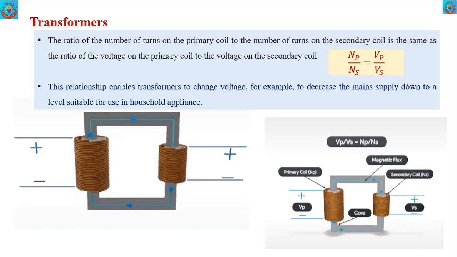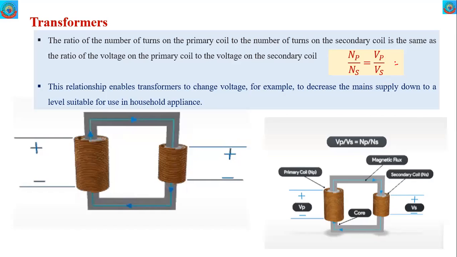So what is the transformer equation? The ratio of the number of turns on the primary coil to the number of turns in the secondary coil is the same as the ratio of the voltage in the primary coil to the voltage on the secondary coil. That means the number of turns in the primary coil divided by the number of turns in the secondary coil is equal to the voltage in the primary coil divided by the voltage in the secondary.